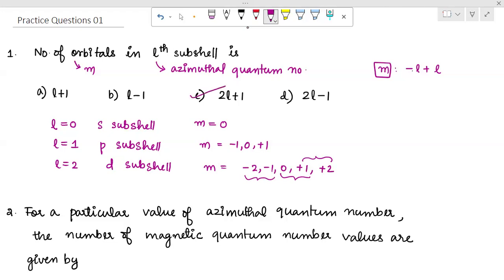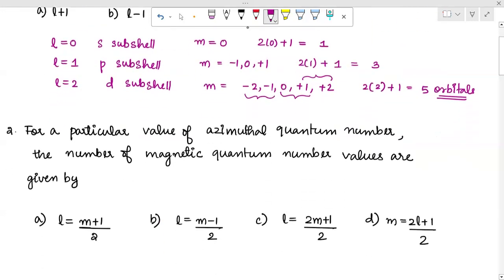So you can try putting it over here: 2 into 0 plus 1 is equal to 1, only one orbital. Over here, 2 into 1 plus 1, 3 orbitals. Over here, 2 into 2 plus 1, 5 orbitals. So the number of orbitals in any subshell is equal to 2L plus 1. So the correct option is option C.